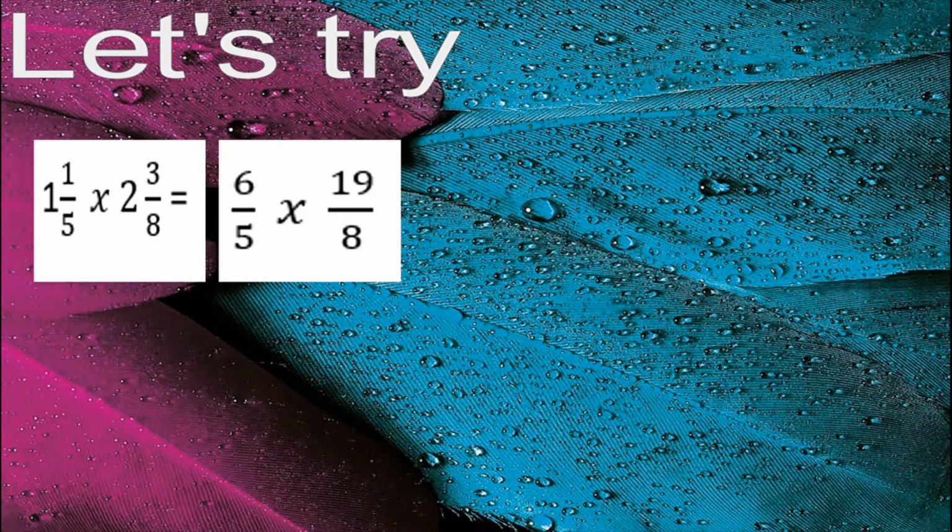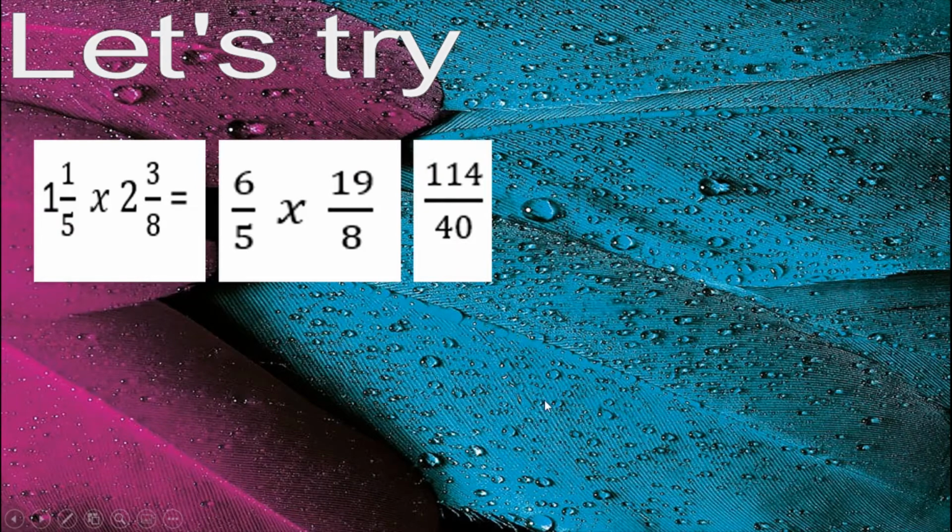Since they are now improper fractions, can you still remember how to multiply fractions? We do top times top, bottom times bottom. So top times top, 6 times 19, and 5 times 8. So we have here the answer of 114 over 40.